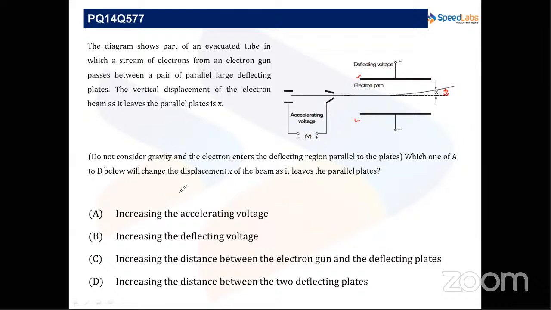Now which one of A to D below will change the displacement x of the beam as it leaves the parallel plates? So what should be done to change the displacement x, either increasing or decreasing? Now first is increasing the accelerating voltage. Accelerating voltage is this accelerating voltage. So if you increase this, the electron will enter faster, right?